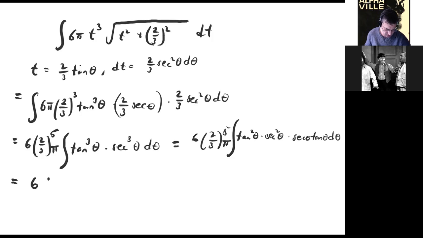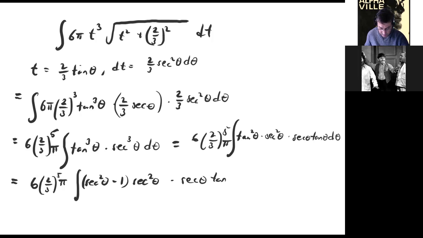So 6 times 2/3 to the 5th power times pi, times the integral of (secant squared theta minus 1) times secant squared theta times secant theta tangent theta d theta. If we expanded it out, it would give us secant to the 4th theta minus secant squared theta.